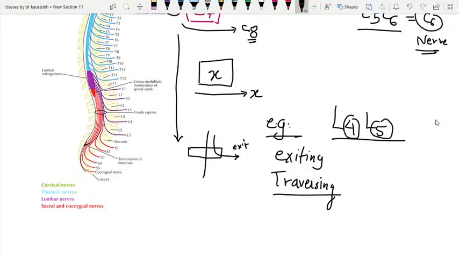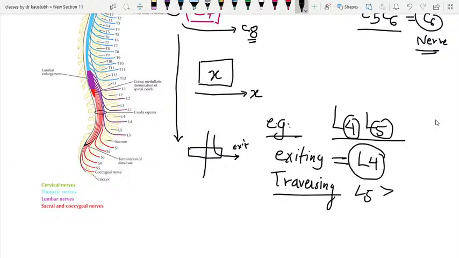It is going to be L4. So the exiting nerve will be L4 here, whereas the traversing nerve will be L5, and so on. Any nerve from L5 and below will be traversing.